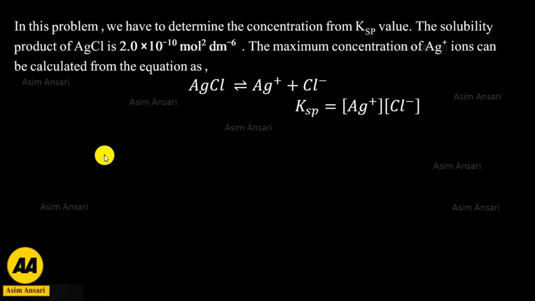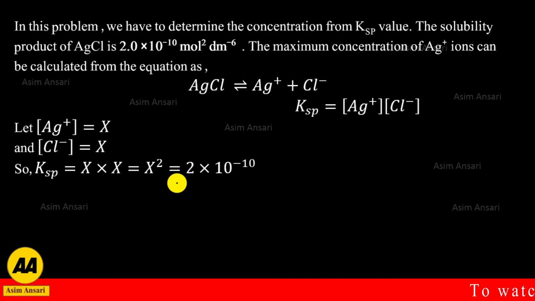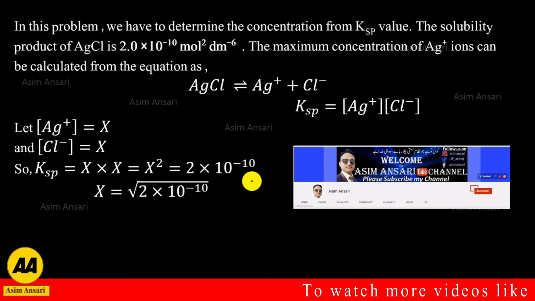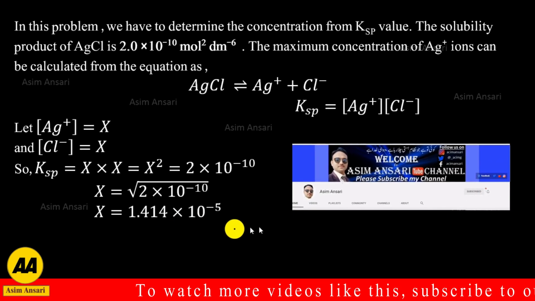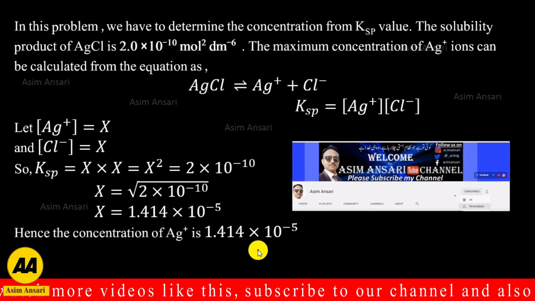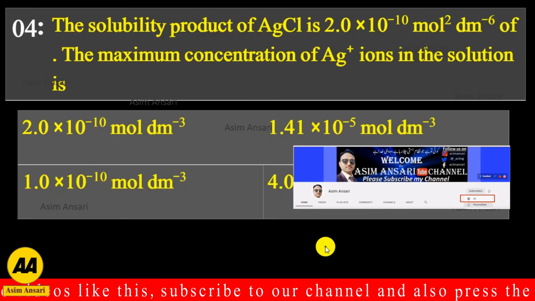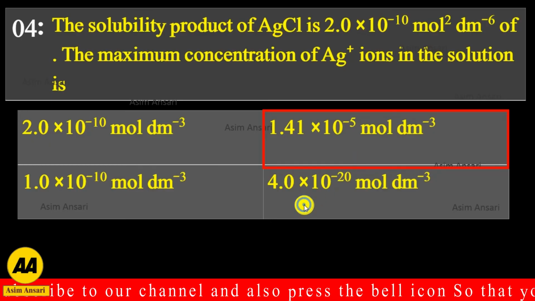Suppose the concentration of silver ion is X and chloride ion is also X, then Ksp equals X squared, which is 2 times 10 raised to power minus 10. When we solve this, we get 1.414 times 10 raised to power minus 5. So the concentration of silver ion is 1.414 times 10 raised to power minus 5, and the exact answer is 1.41 times 10 raised to power minus 5 mole per cubic decimeter.